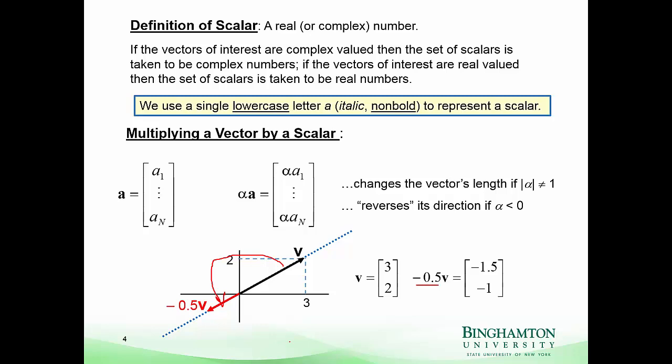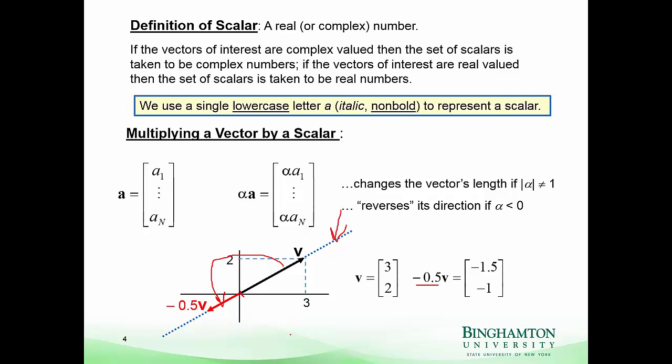But notice that any alpha times a vector will lie on the line that goes from the origin to the tip of the vector. So alpha v will, regardless of what alpha is equal to, lie somewhere on that line. And what if alpha is equal to 0? Well, that is the vector that is just the dot right at the origin.